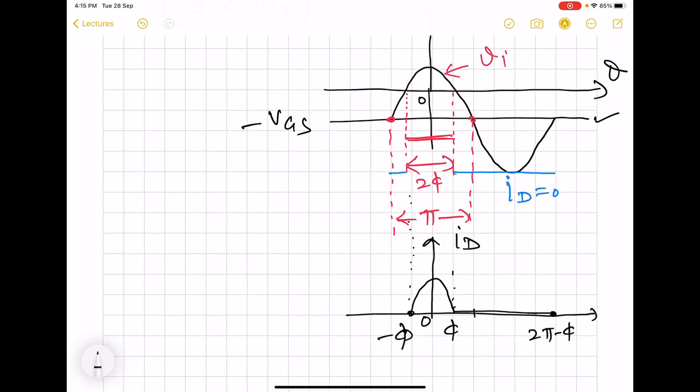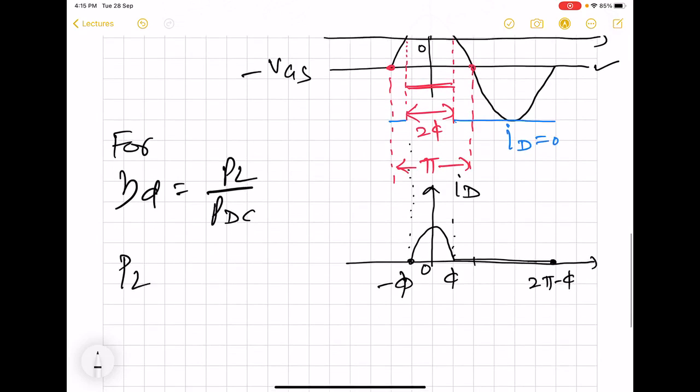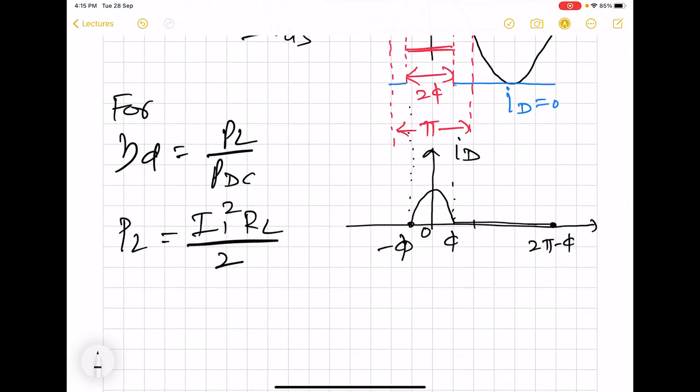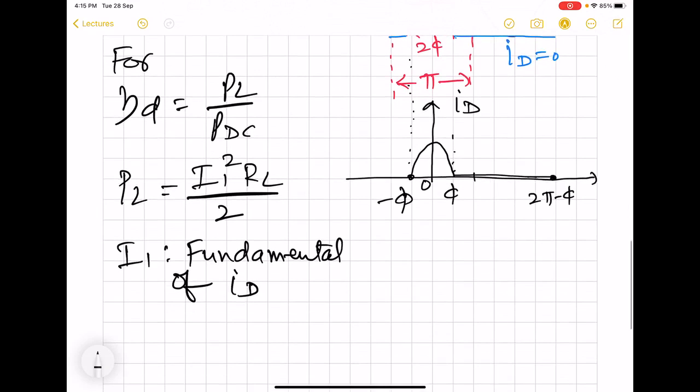So for efficiency, we have to find out P load and PDC, and P load is going to be the fundamental current flowing through the load, and this I1 is the fundamental of the total drain current.